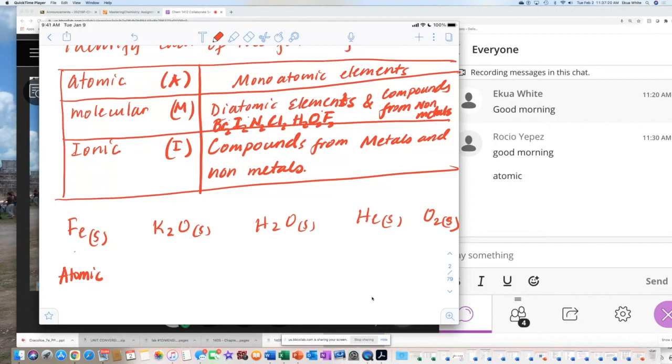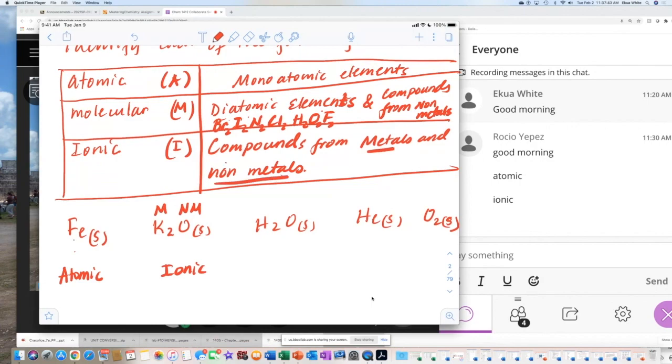What do you say about K2O? Is it atomic, molecular, or ionic? You're trying to look for the classification, right? Ionic, because it's metal and non-metal, and it's a compound.